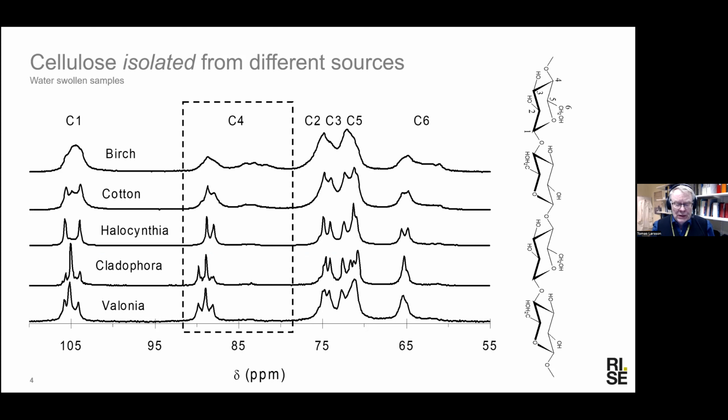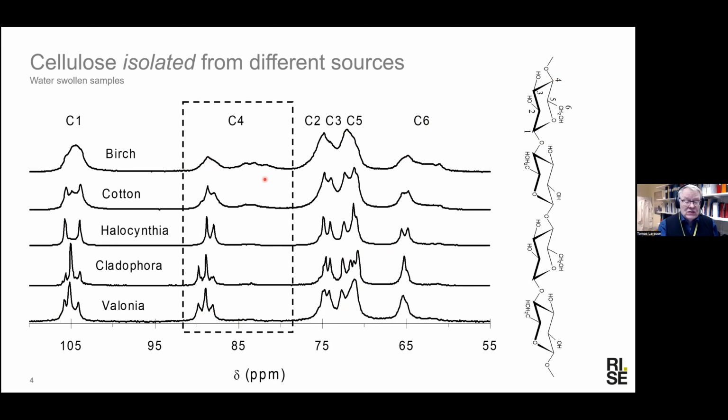In brief, if I turn on my pointer just a minute. Groups like this come from carbon atoms 1, 4, 2, 3, 5, and C6 in the anhydroglucose unit. The positions of the groups are given essentially by polymer or molecular configuration, how things are attached covalently, and the fine structure within a group is given by polymer conformation.